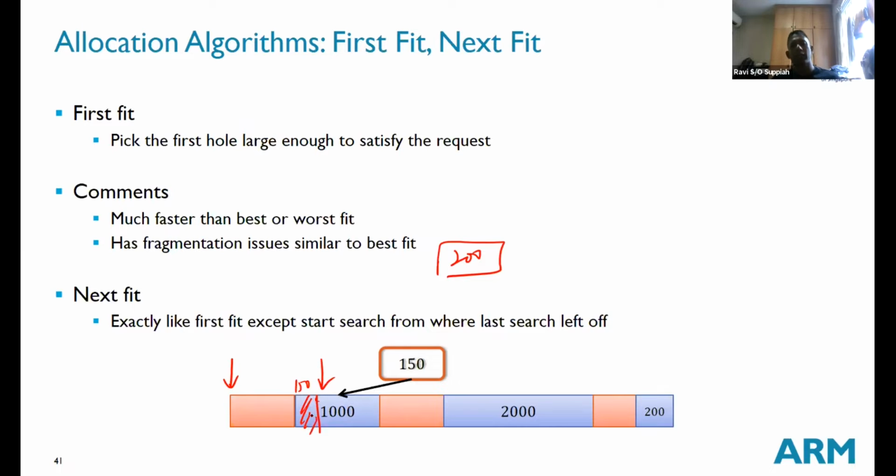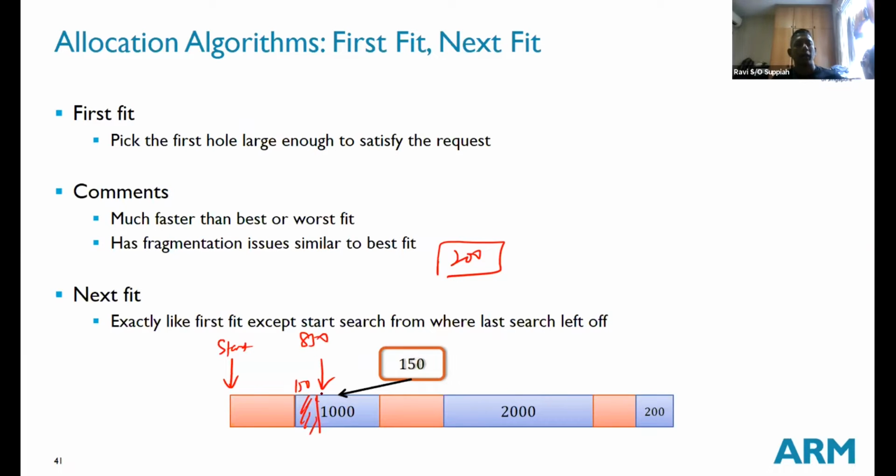In this case, for example, first fit and next fit would be the same, because if this is the start, then the first fit and next fit will both come here exactly. The only difference is if, let's say, I wanted exactly 850.